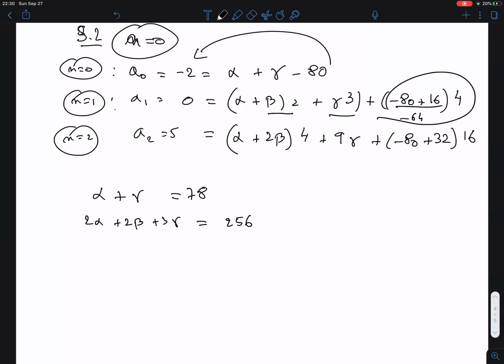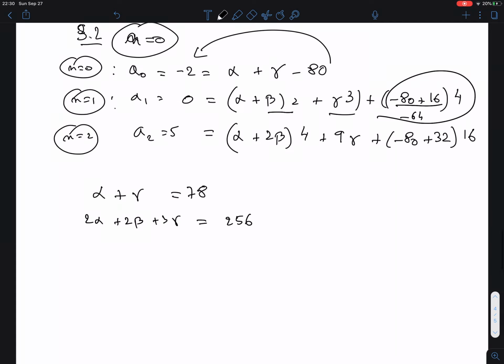And then bring it to the other side, and there was 0 there, okay? And then here we have 4 alpha plus 8 beta plus 9 gamma equals, then this thing is 48, minus 48 times 16.